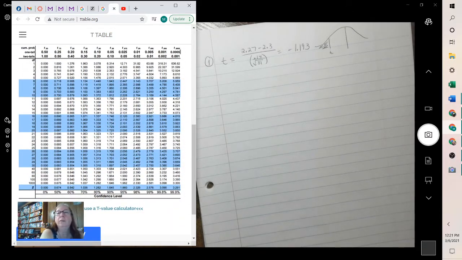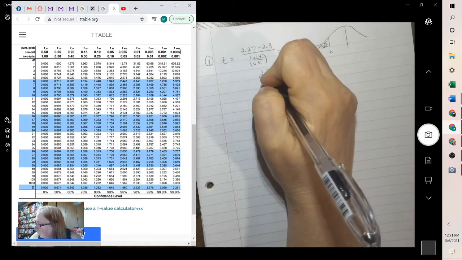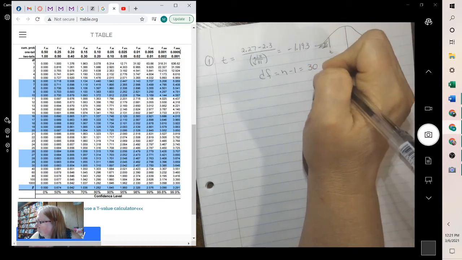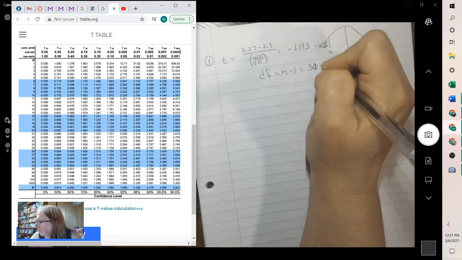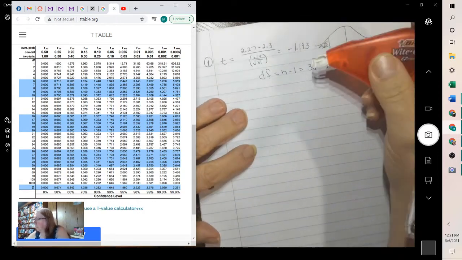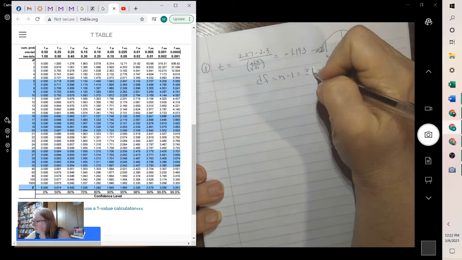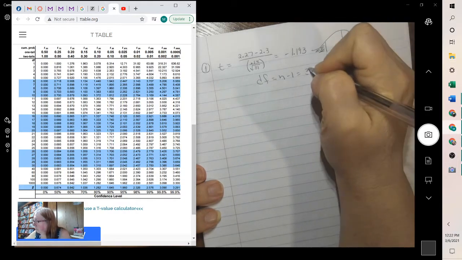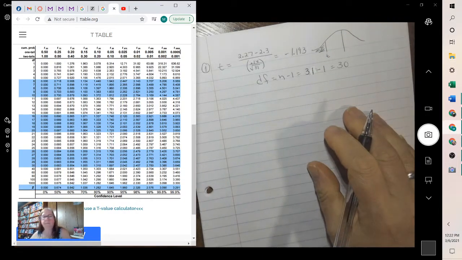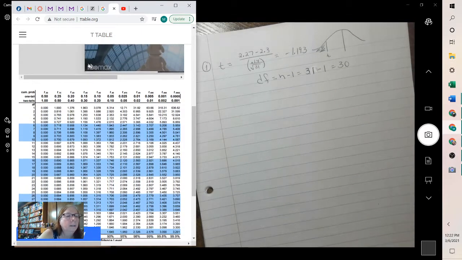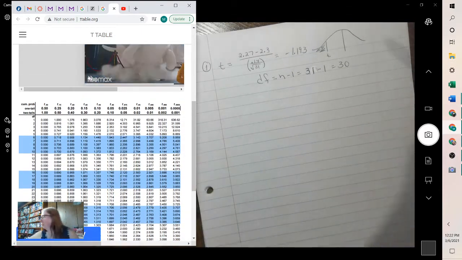So if we look up our degrees of freedom, which is n minus 1, we get 30. So 30 would be this one right here.